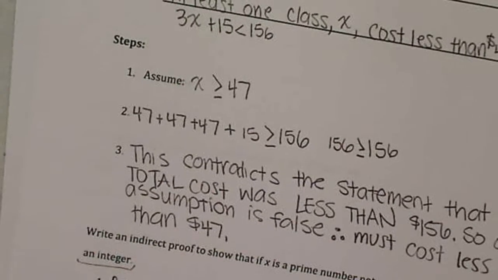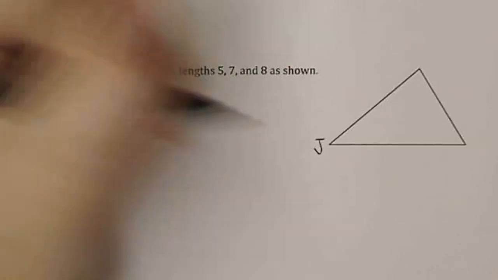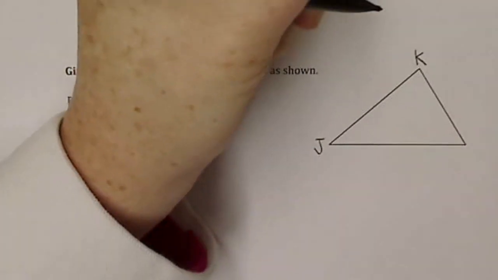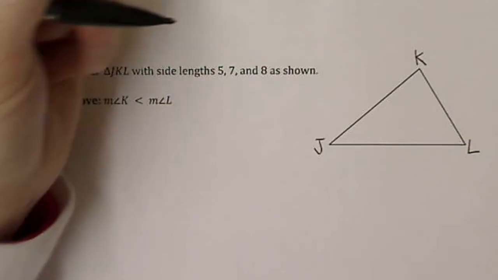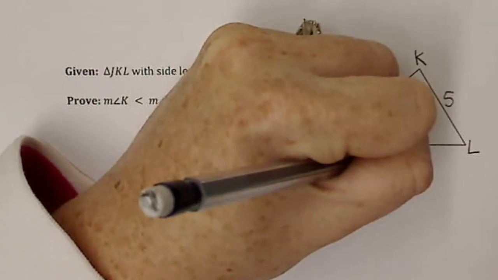Okay, last page. And I forgot to label your triangle on your notes, so make sure you copy it down. J is over here in the corner, K is up top, L is on the right hand side, JK is 8, KL is 5, and JL is 7.